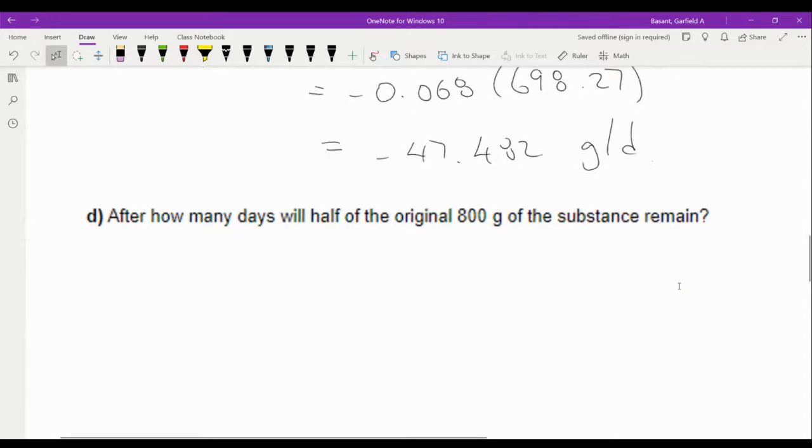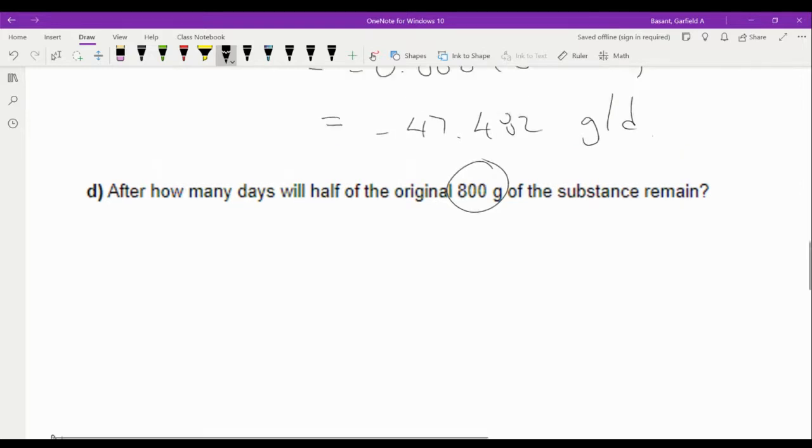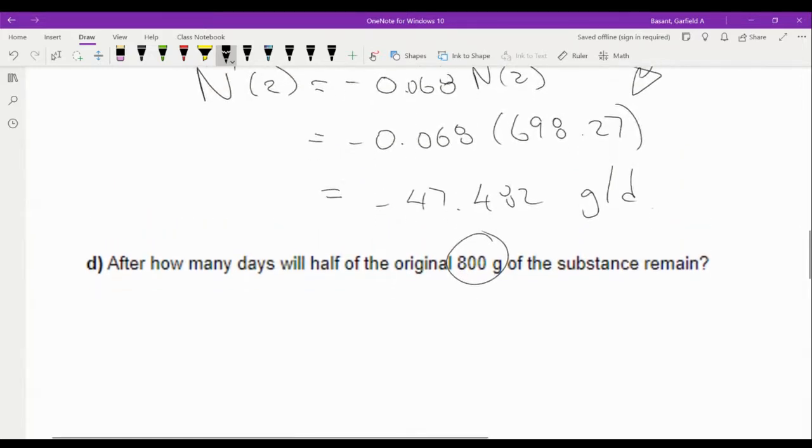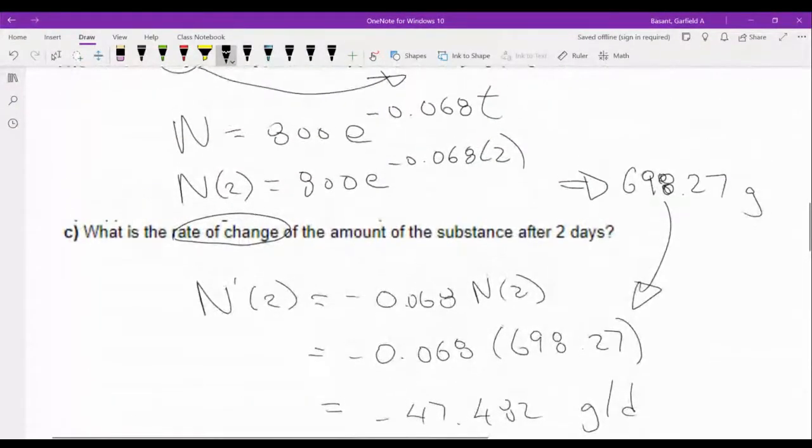After how many days will half the original amount of the substance remain? How do we find that? Well, we know 800. What's a half of that? $400, right?